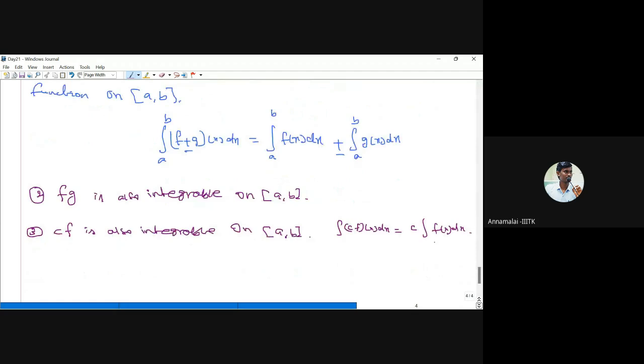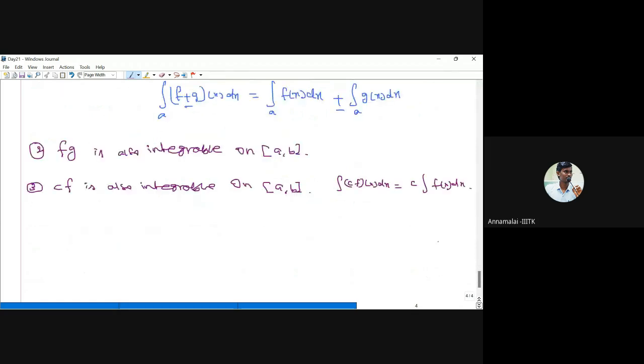Now next one is modulus. If f is integrable, then modulus of f is also integrable. The fourth point: if f is integrable, then mod f is also integrable on the same interval a comma b.